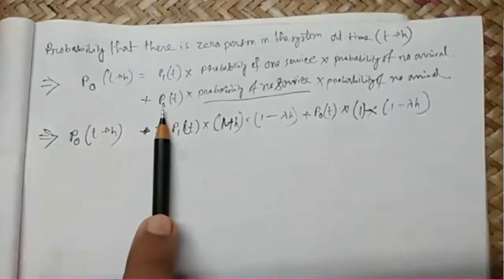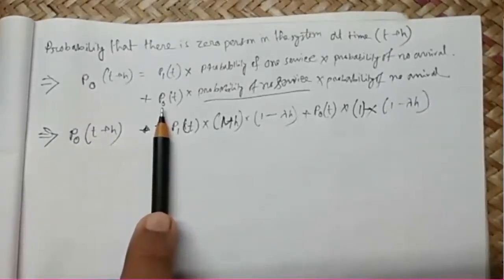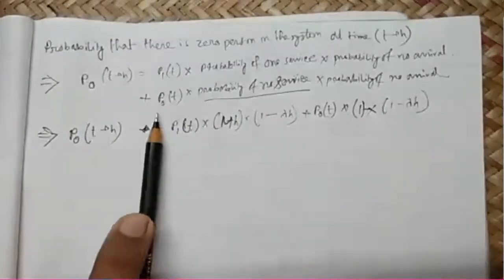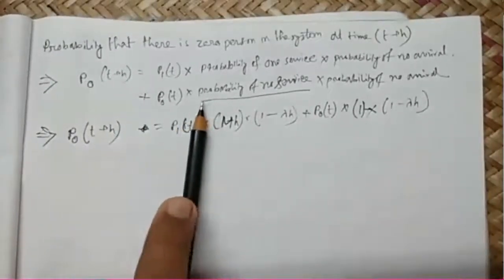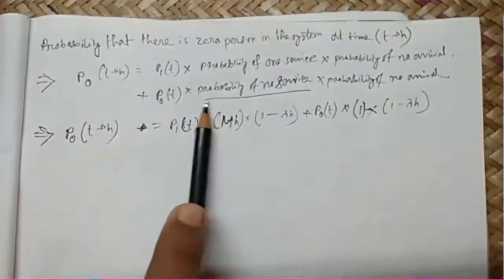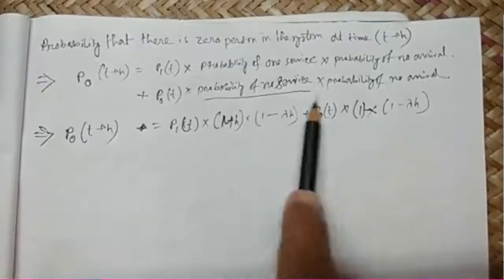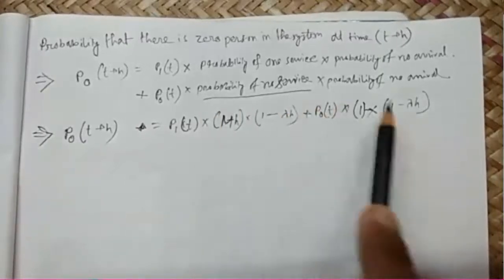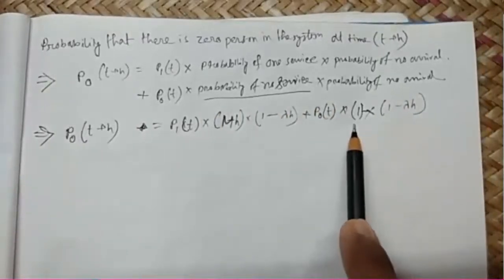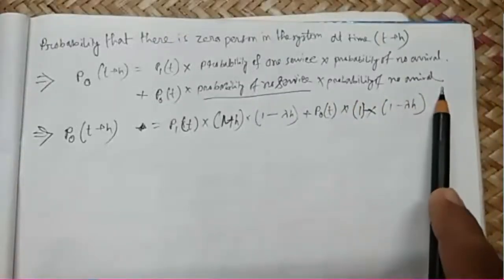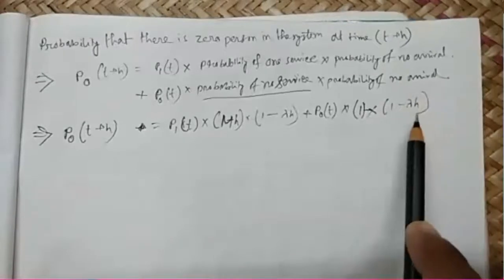So there is only one option, and the whole probability is assigned to that, because this is certain. That's why I have written 1 here, and the probability of no arrival is 1 minus lambda h.